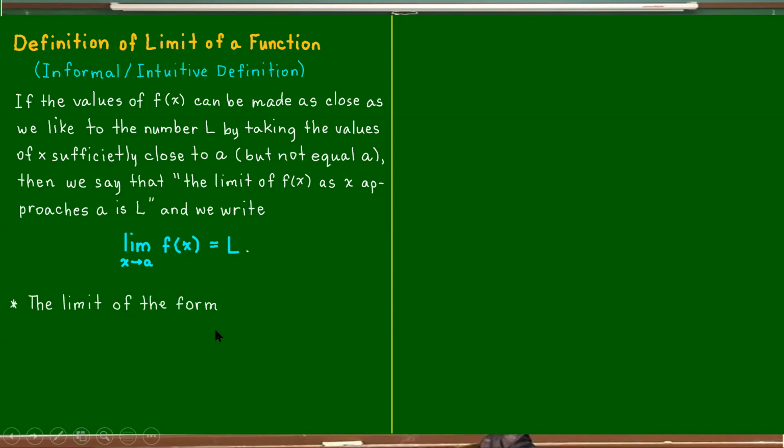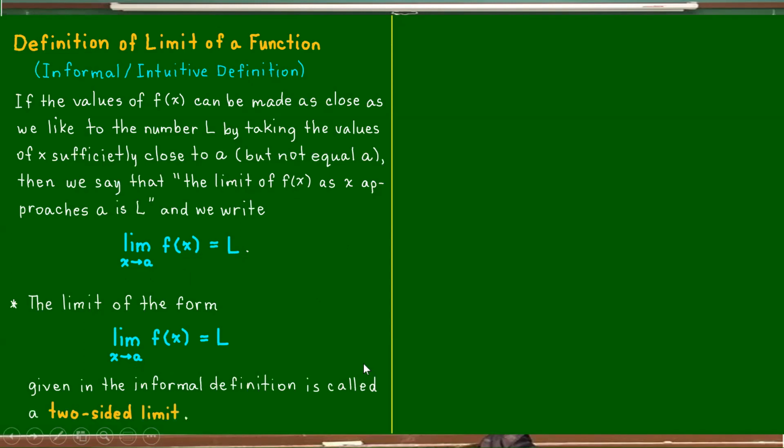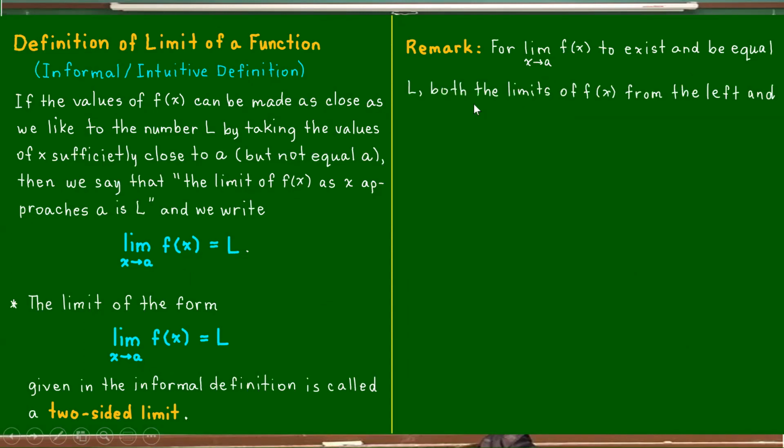The limit of the form given in this informal definition is called a two-sided limit. For the limit of f(x) as x approaches a to exist and be equal to L, both the limits of f(x) from the left and right directions of a as x approaches a must exist and be equal to L. Okay, guys?